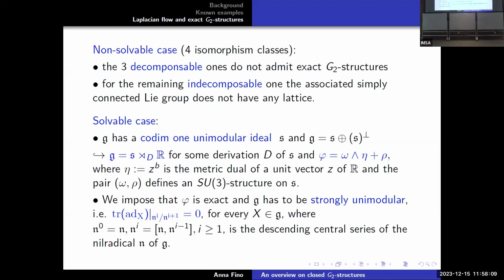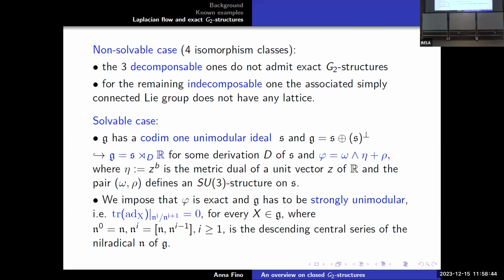The solvable case again uses a reduction to a lower dimension, because of a result due to Fernández, Fino and Manero. They show that if you have an algebra with a closed Hitchin structure, then you always have a codimension one unimodular ideal. So using the cross product associated to the three-form, to the Hitchin structure, you can decompose your algebra into pieces, X and the orthogonal complement.